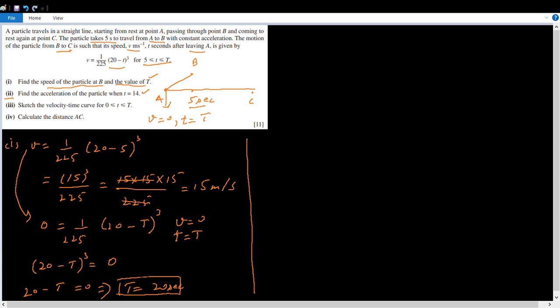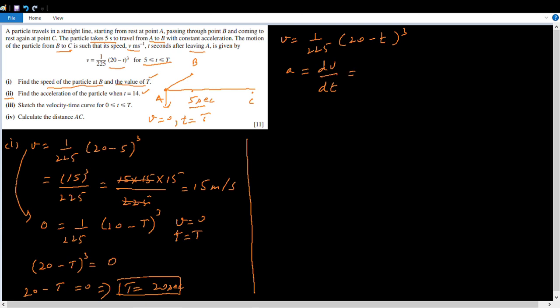So velocity is equal to 1 over 225 times (20 minus t) cubed. And when we are supposed to find out the acceleration, acceleration is always equal to the derivative of velocity, rate of change of velocity. Rate of change of velocity is equal to acceleration. So now we will take the derivative of the velocity function.